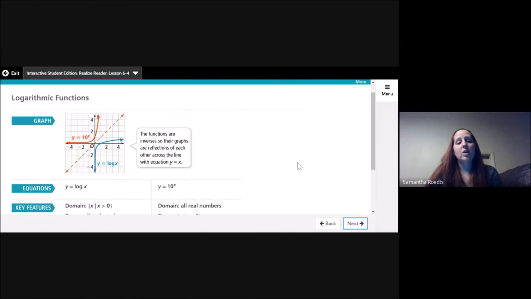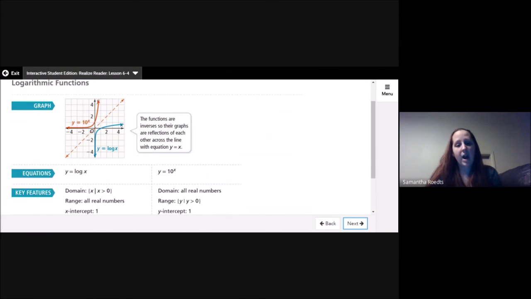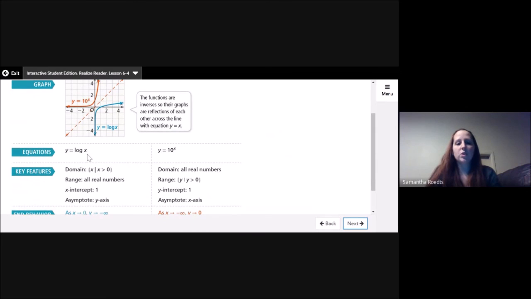All right, concept summary, logarithmic functions. In graphs, the functions are inverses, so their graphs are reflections of each other across the line with equation y equals x. So again, substitute in the values of x and y. If you're trying to find the inverse of it, flip those values and solve for y. So equations, y equals log of x, or y equals 10 to the x.